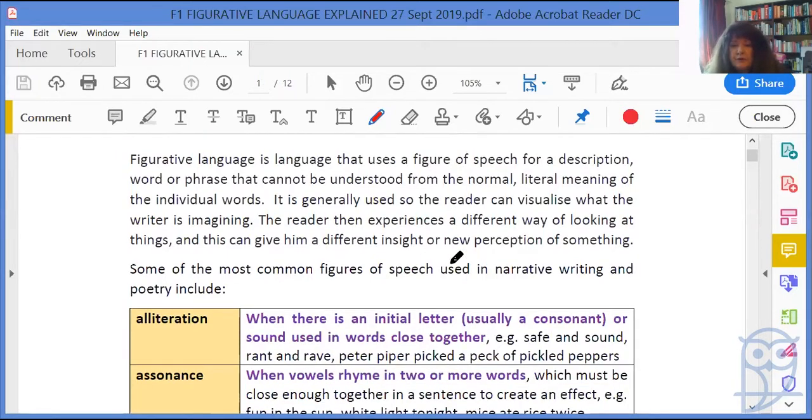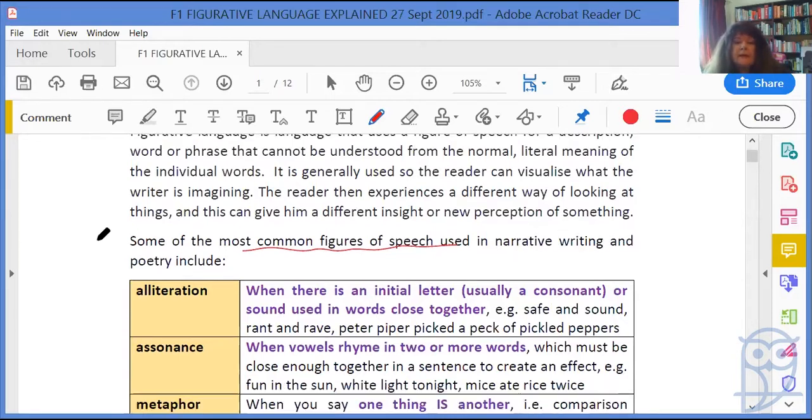Right, let's look at some of the most common figures of speech used in both narrative writing and poetry. The first one we're looking at is alliteration. Alliteration means when there is an initial letter, which is usually a consonant. Remember, your alphabet's made up of consonants and vowels. So it's when there's an initial letter or sound used in words close together.